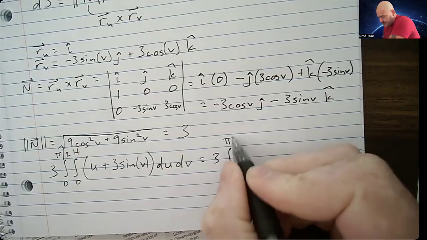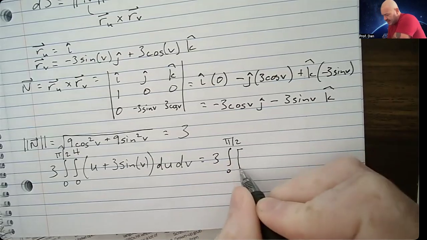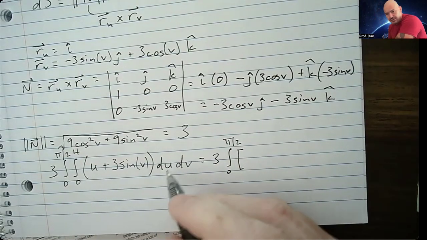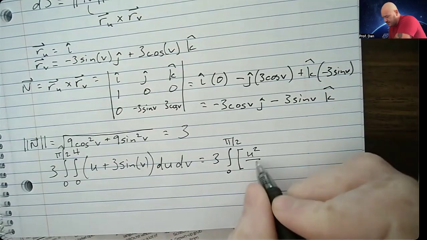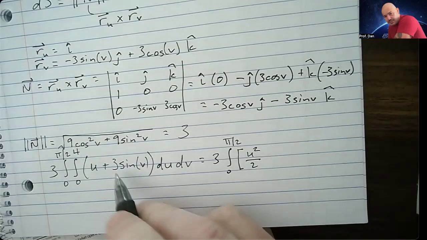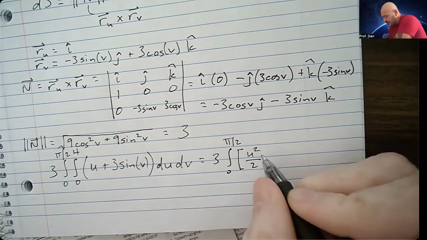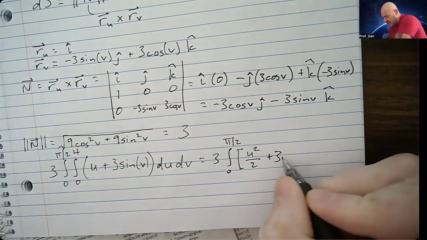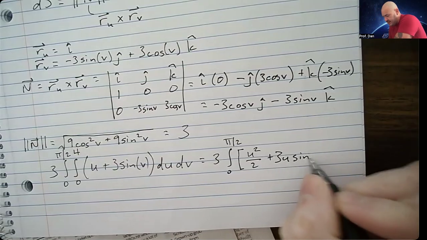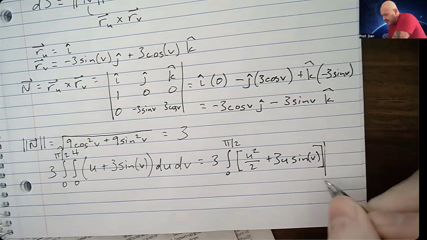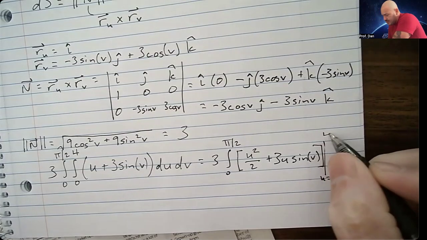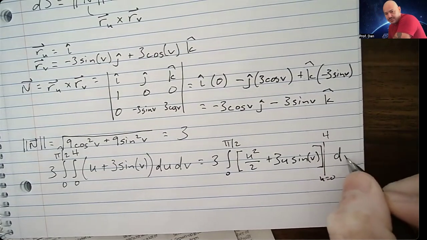So now that we've got that, take the integral from 0 to pi halves. My antiderivative with respect to u is going to be u squared over 2. Since the second term doesn't involve u at all, I know the antiderivative will be 3 sine of v times u. And we're going to evaluate that from u equals 0 to u equals 4, and then integrate with respect to v.